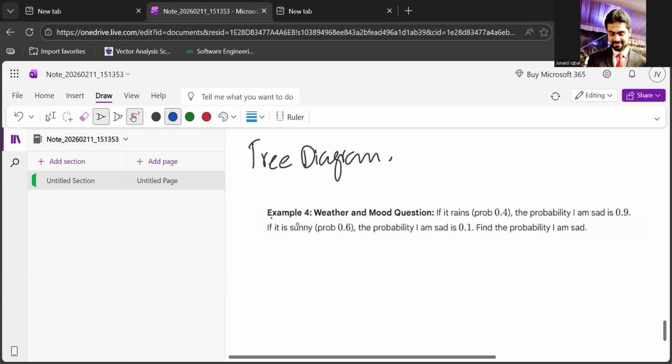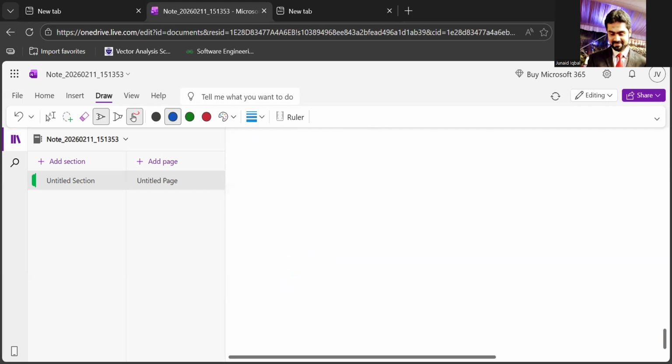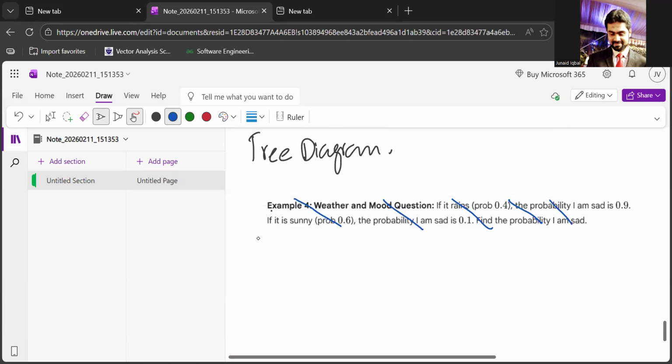Let's move it to some other example because right now in this question we have not raining condition also, sunny condition. So I don't want to basically move here. So this question would be much better to understand tree diagram.